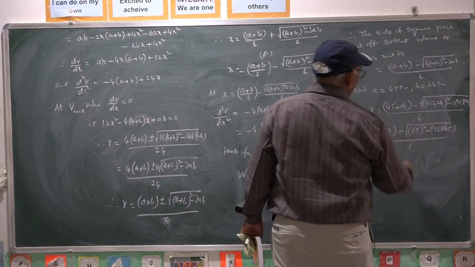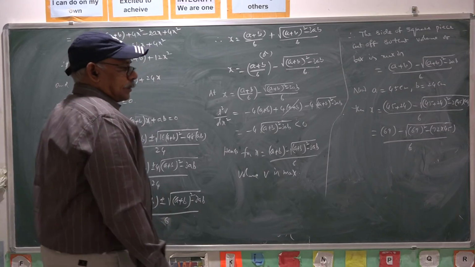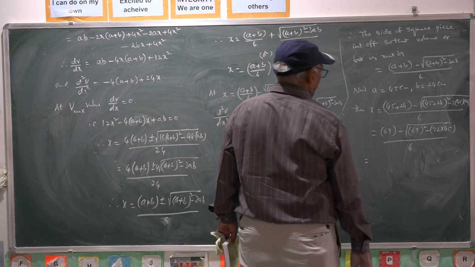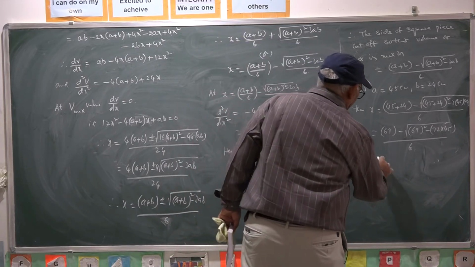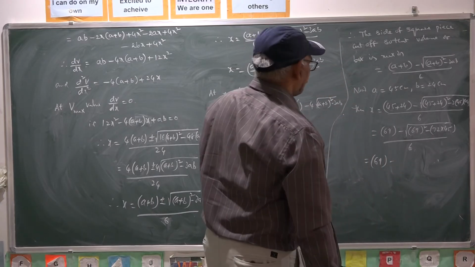Now, let us simplify this one. That gives us 69 minus 69 square.